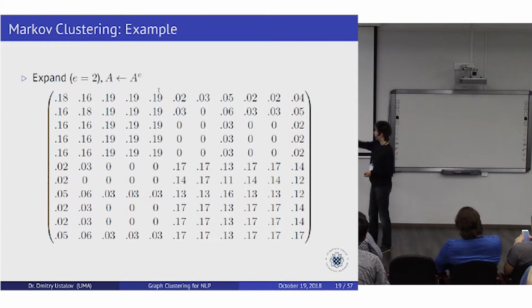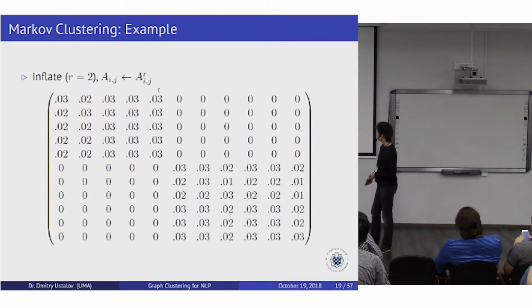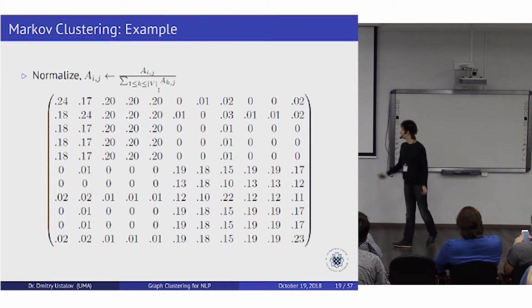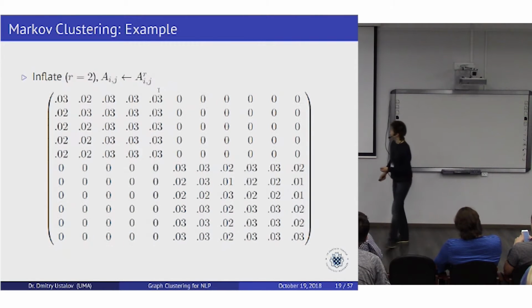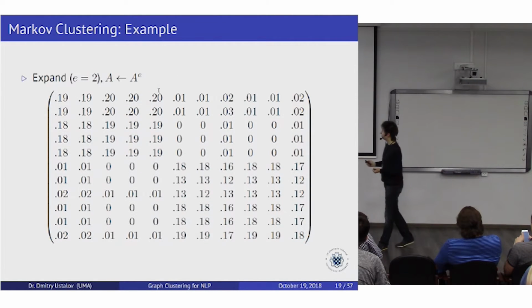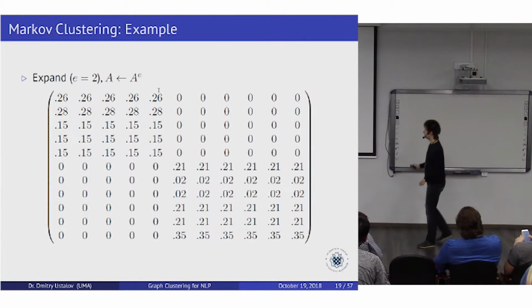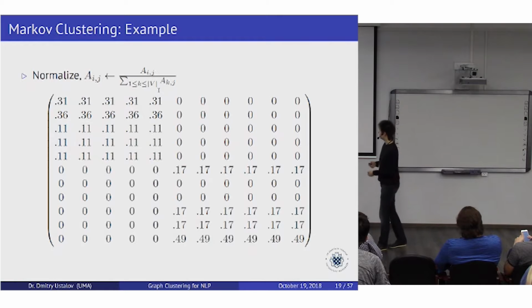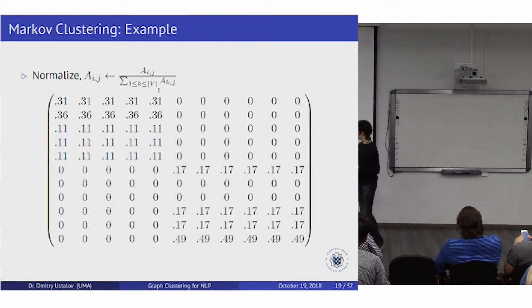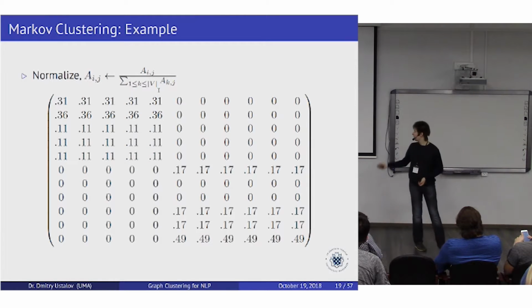expand, so multiply by this matrix, inflate, normalize, expand, inflate, normalize, and so on. Nothing happens right now, right? Boring, very boring algorithm. Nothing happens, total disaster.